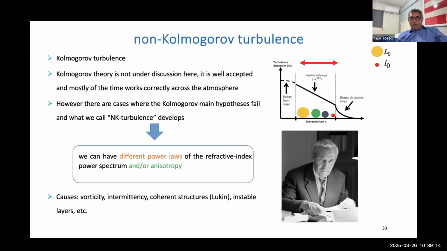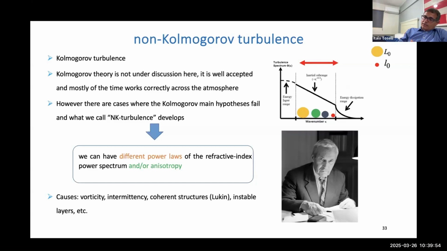And finally, I would like to spend a few words about non-Kolmogorov turbulence, also because probably 99% of all my papers, more than 50, are on this topic. It's a topic of interest because, as I said, sometimes Kolmogorov turbulence doesn't work. So we have to find a different model that is able to describe a situation where we have a different power law from Kolmogorov, for example, or there are cases where the hypothesis of isotropy does not apply.